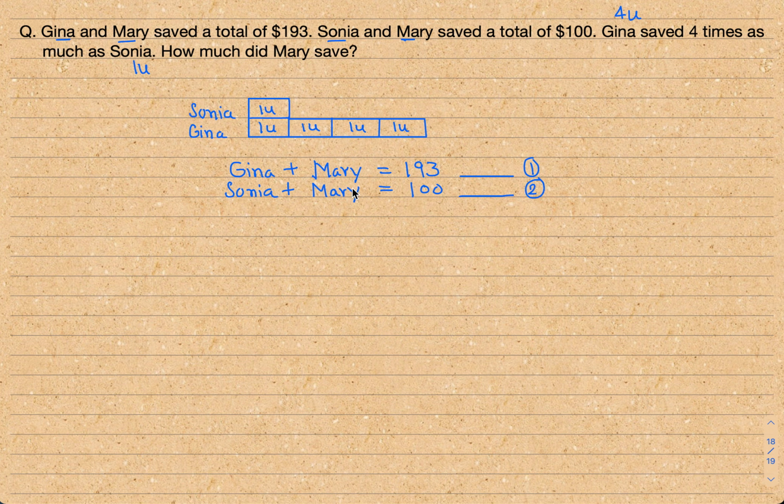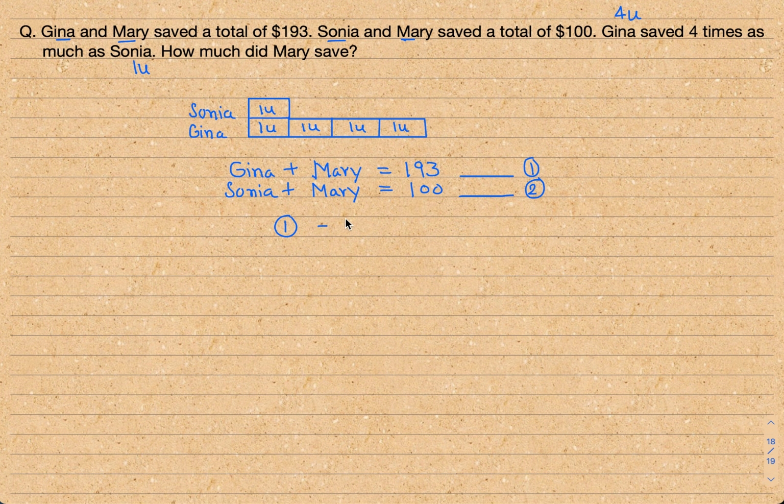Now if you observe keenly, Mary is common in both equation 1 and equation 2. So what we can do is that if we subtract equation 2 from equation 1, we can get rid of Mary's money. How? Let's do that in order to know what will happen.